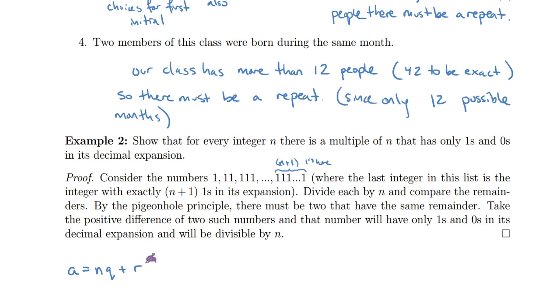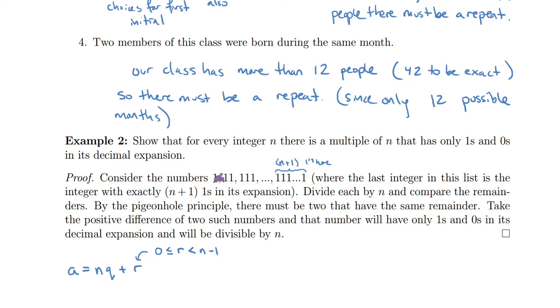This remainder is either 0, or all the way up to n minus 1. These are integers, so there's a total of n possible remainders: 0, 1, 2, 3, all the way up to n minus 1.